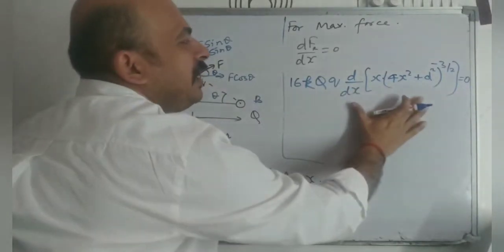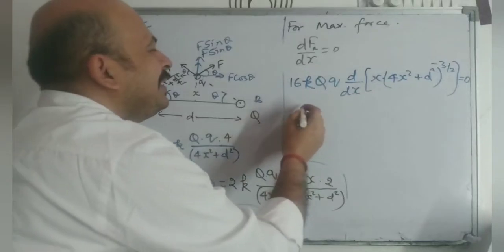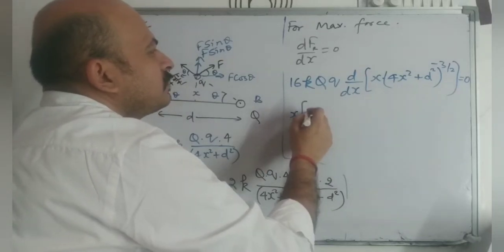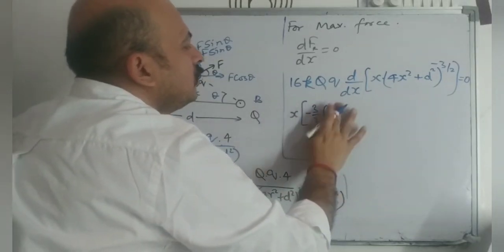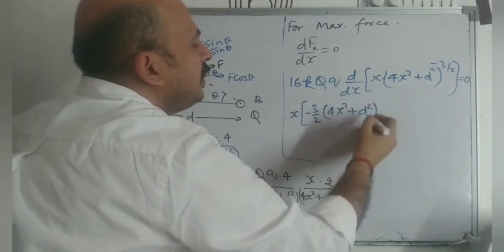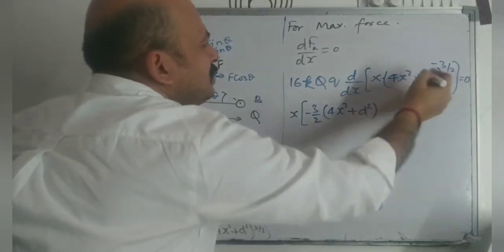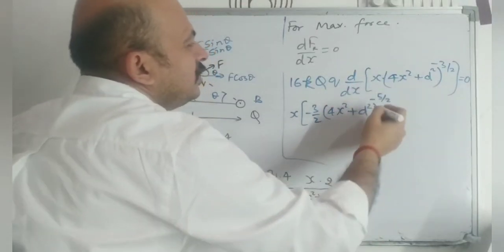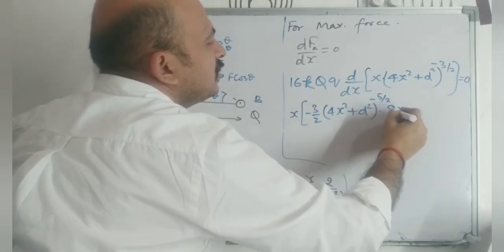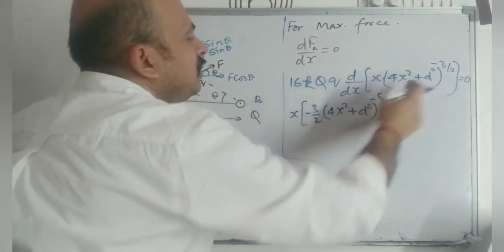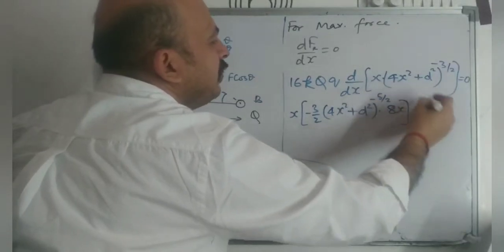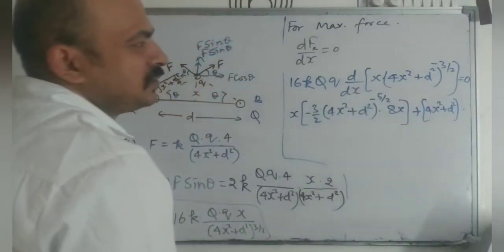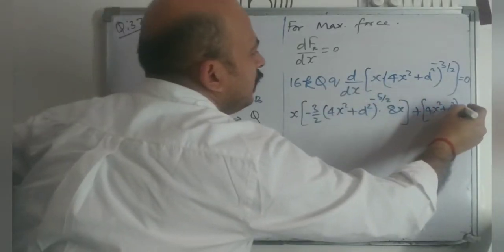It will be differentiated like this: first function into differentiation of second, that is, minus 3 by 2 (4x square plus d square) to the power minus 5 by 2 into 8x, plus second function, that is, (4x square plus d square) to the power minus 3 by 2 into differentiation of first. Differentiation of x is 1, and that is equal to 0.